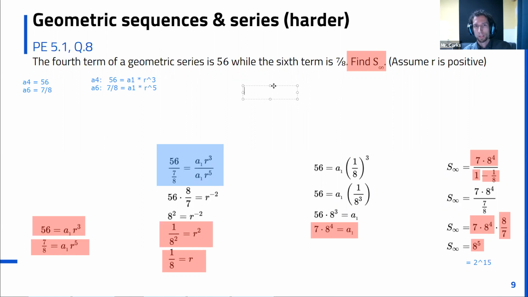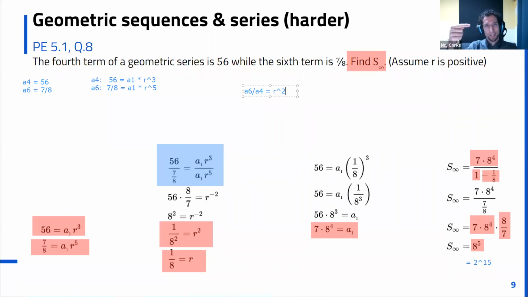Does anyone see what that might have been? I guess we had to divide A6 by A4. Yeah, A6 divided by A4 would equal what? R squared.